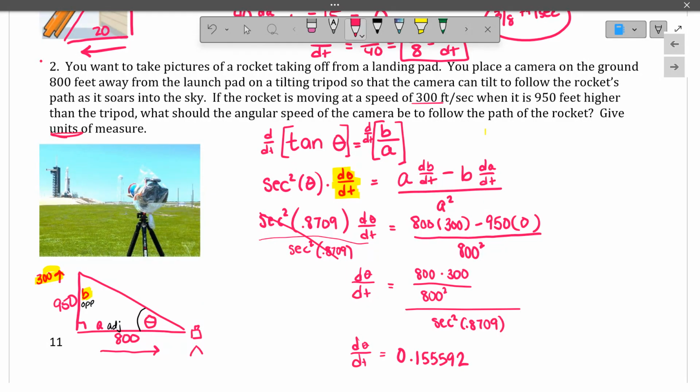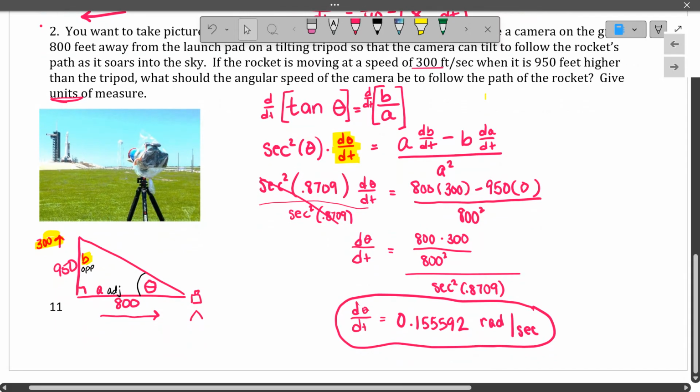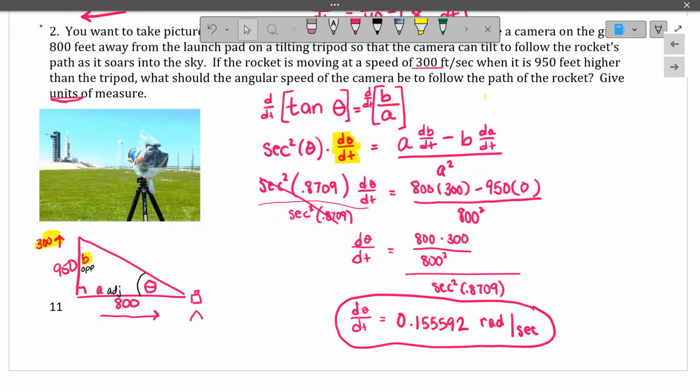We are in calculus, and we are talking about angles, so our units are going to be radians per second. Now, it never told you what to round to, so this is my chance to say, listen, if you are in calculus and you are specifically in AP calculus, our rule of thumb is this: your final answer needs to be correct to 3 decimal places, rounded or truncated.